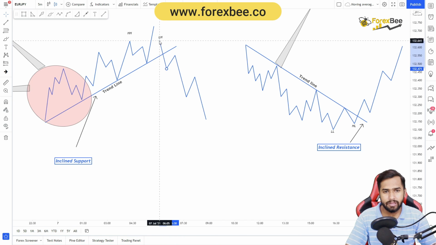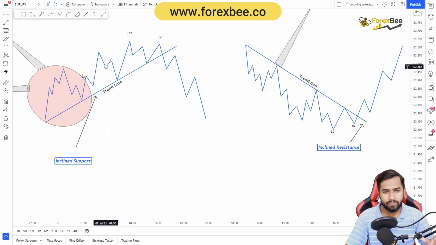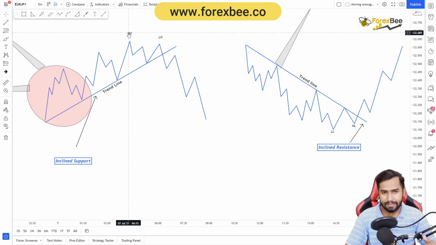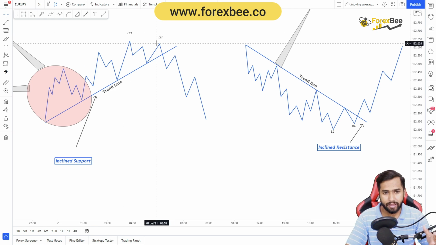It would only indicate the trend reversal if there's a formation of a lower high, a high which is at a lower level than the previous higher high. So from bullish to bearish, there was the formation of higher highs, but then there's a formation of a lower high. That means that there's going to be a trend reversal.